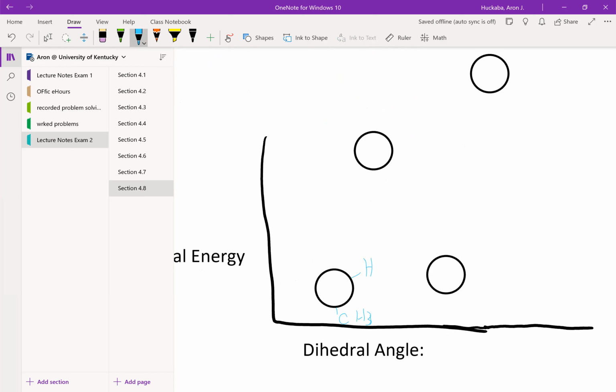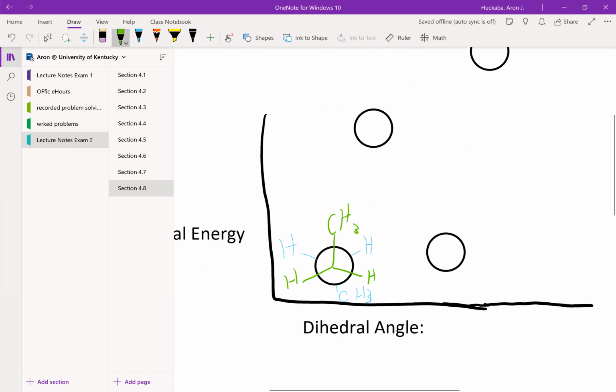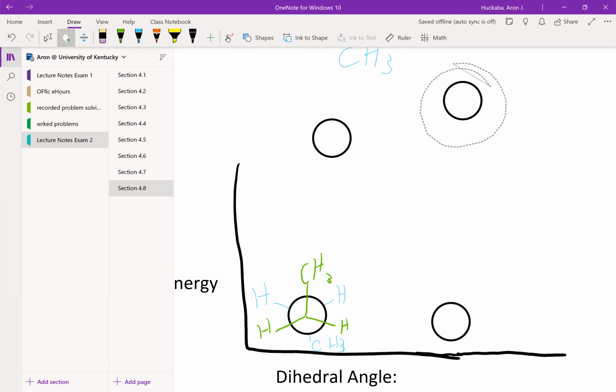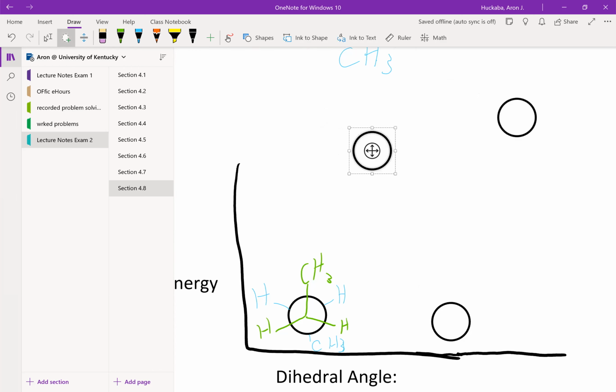The H on a dash, the H on a wedge. And in staggered conformation, remember, we have no bad interactions here, right? I'm actually going to move some of these things. Okay, very cool.